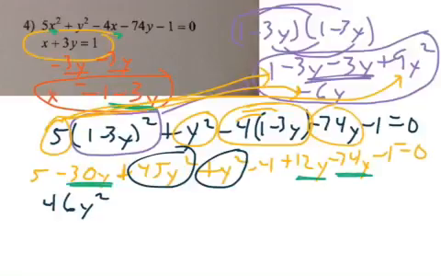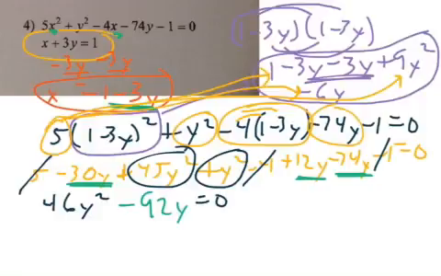By the way, if you're bad with integers, use your calculator, especially with these negatives. But that negative 74 with the 12, with the negative 30y, is negative 92y. And I hope you notice that the 5 in front minus 4 minus 1 is, of course, 0. So we have it equal to 0. Now we can solve it.